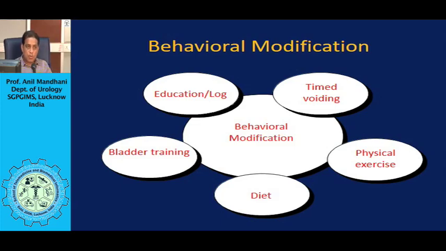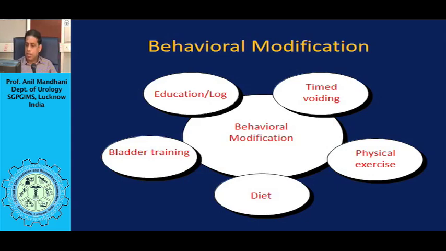So you should also see in your community if a urologist is doing percutaneous nephrolithotomy or PCNL, he should have the facility of angioembolization too. Otherwise, you may lose the whole kidney if the patient comes back with hematuria.